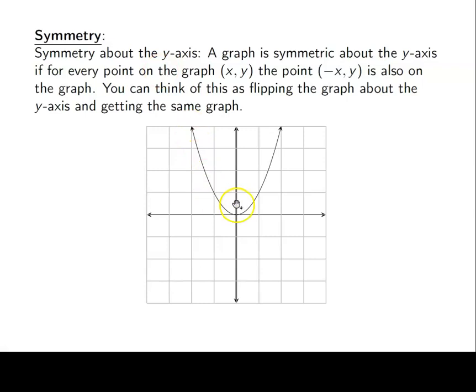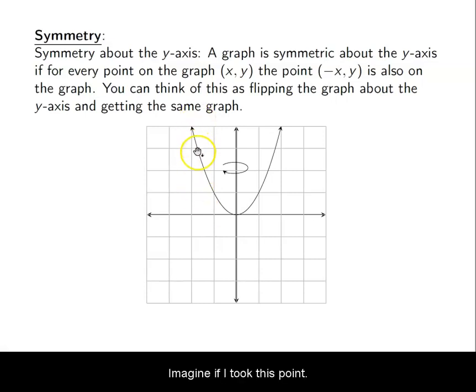So for instance, I have this graph. If I were to spin it across the y-axis, I would end up with the exact same graph. You have to do a little bit of mental visualization here. This is the type of visualization that you'll have to do in calculus quite a bit, so it's a good little stepping stone point.